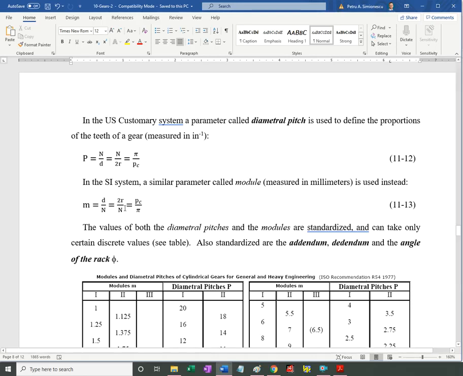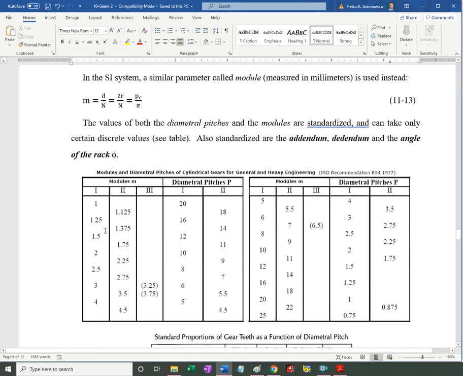Further, a relationship holds: the diametral pitch is the number of teeth over diameter, or pi over circular pitch, measured in inches to the minus 1, or millimeters. And these values are standardized.